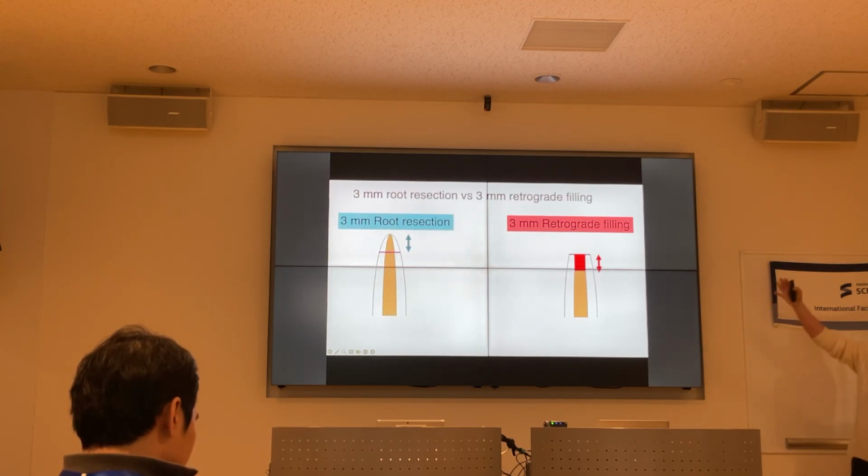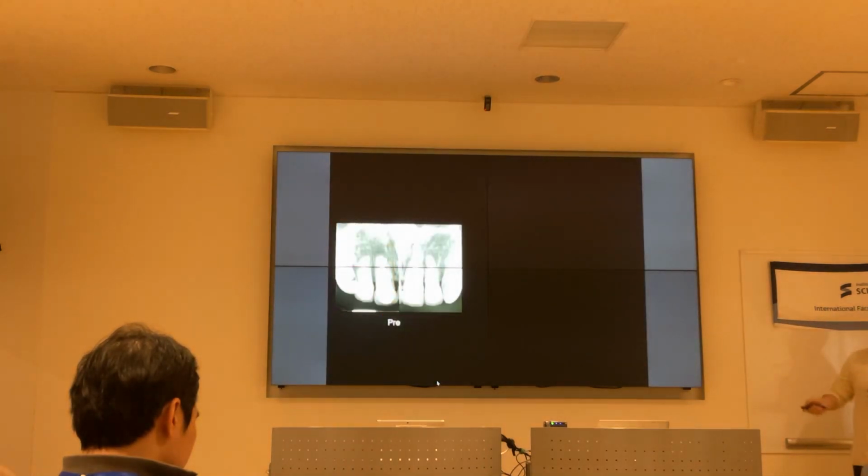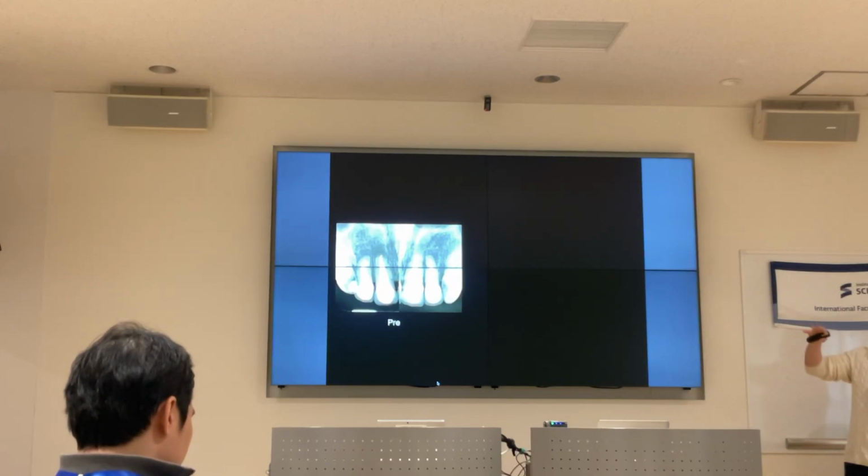So from such data, the 3 mm rule applies to root resection and retrograde filling. And which one is more important? I think 3 mm retrograde filling is more important. For example, in a case with a very long metal post, if I cut 3 mm, it is difficult to fill this 3 mm with MTA cement.